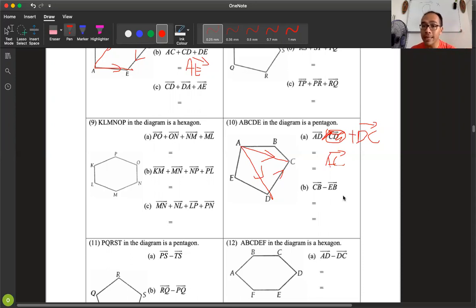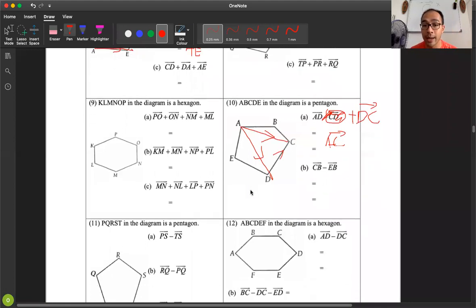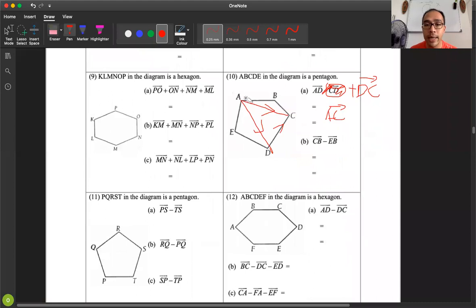Okay, and that's how you deal with negative vectors. Change it to become plus, make sure that it's one flow, and then you can get the resultant vector at the end. Let's do another one, CB and EB. So CB is this direction.